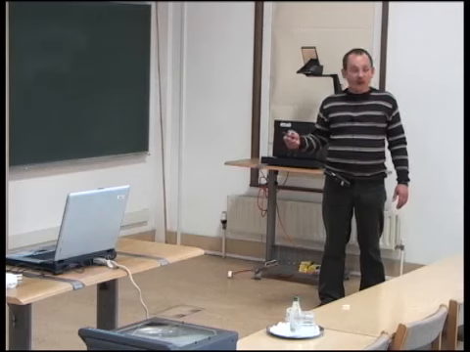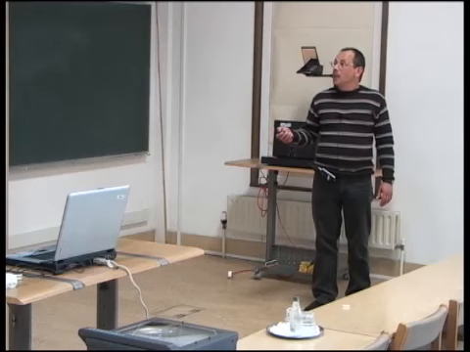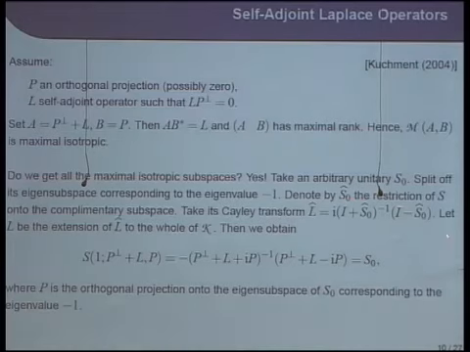On the remainder, on the orthogonal complement of this subspace, we can consider the Cayley transform of the rest. In any case, this transform is self-adjoint. Let L be the extension of L trivially by 0 on the whole of K. And now let's calculate the matrix S of A, B for K equals 1, as we did before. It gives precisely S0. So we get actually all self-adjoint extensions of delta 0 by means of this parameterization.